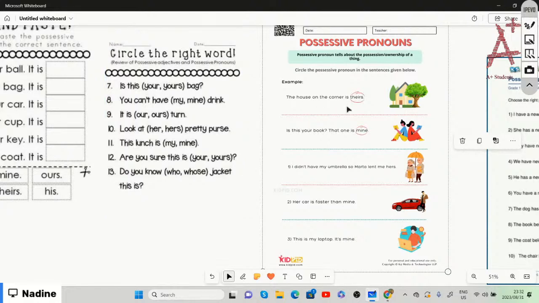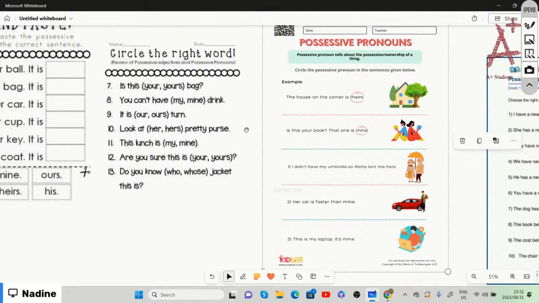The house on the corner is theirs. Is this your book? That one is mine. So the word mine is the possessive pronoun. All right, so now we're going on to number one.